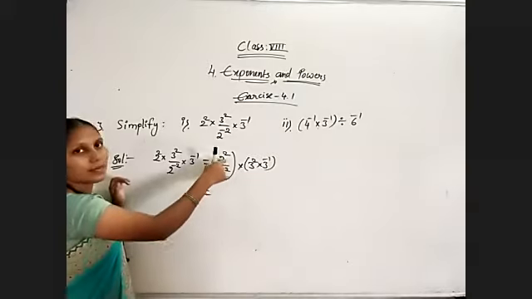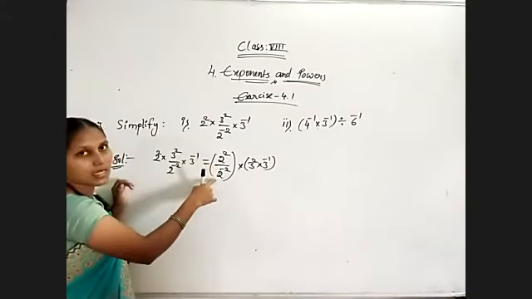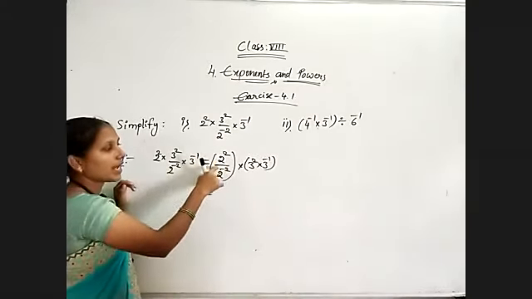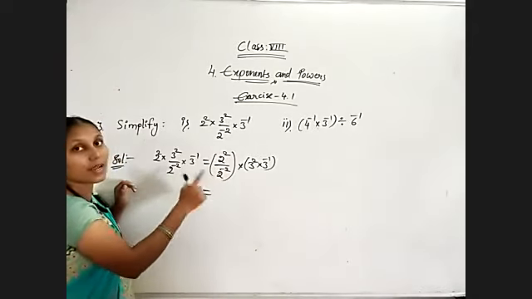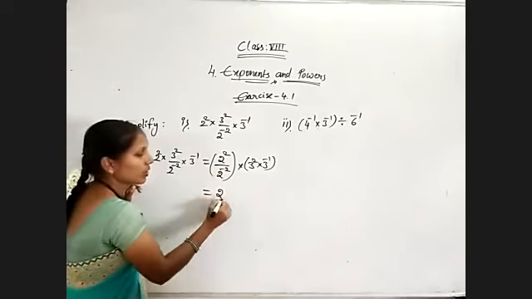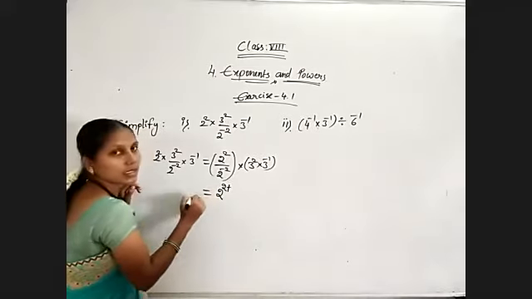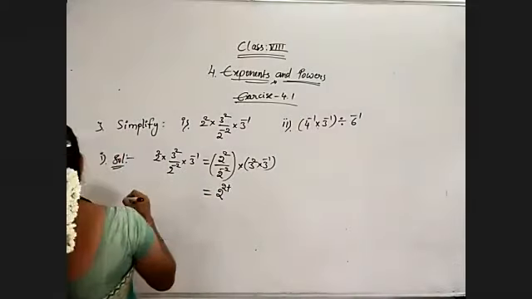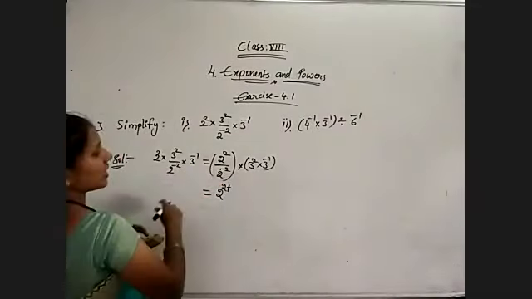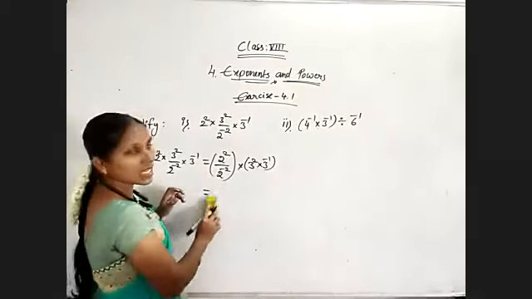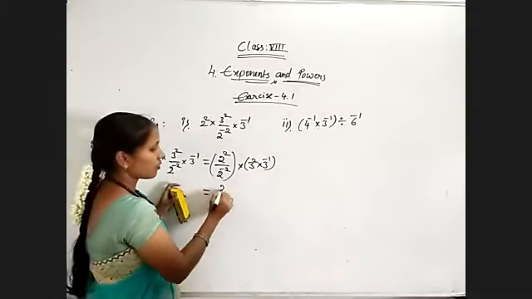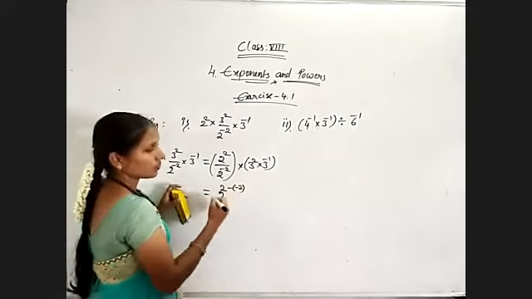Now observe this one, both have the same base. a power m by a power n is a to the power of m minus n, so that is 2 to the power of 2 minus minus 2.